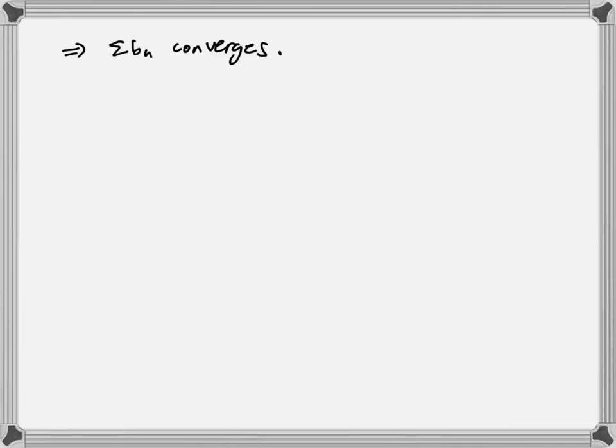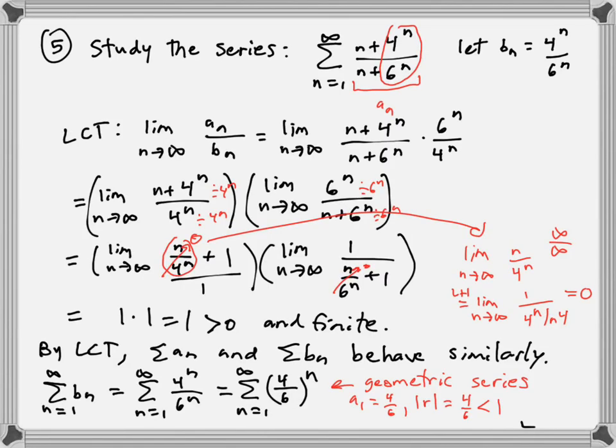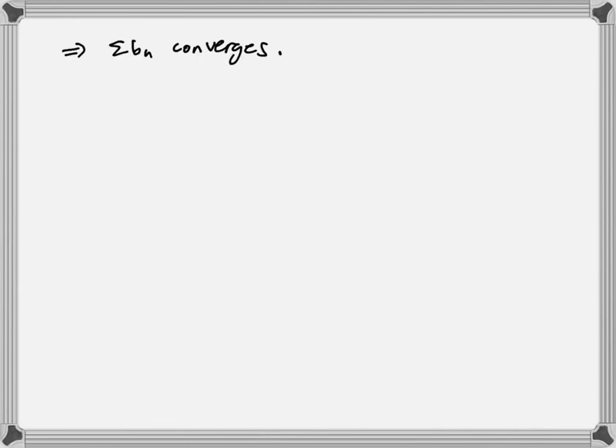Okay, so b_n converges. And remember, we've already said that they behave similarly here. That was our conclusion. And so, coming back over here, this implies that a_n also converges.